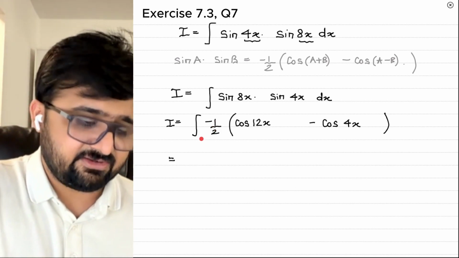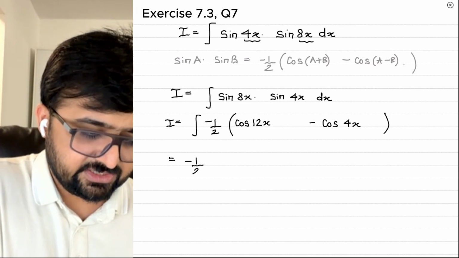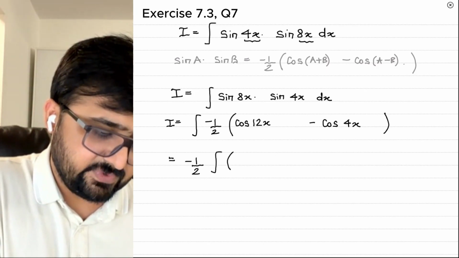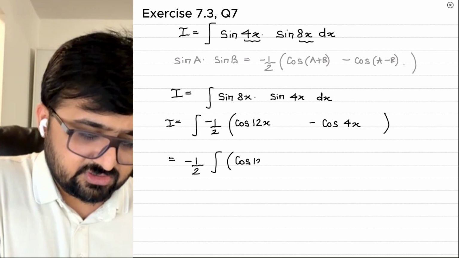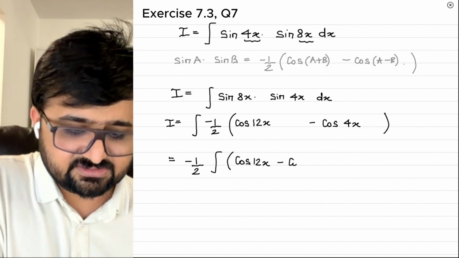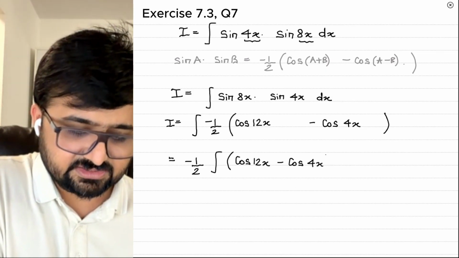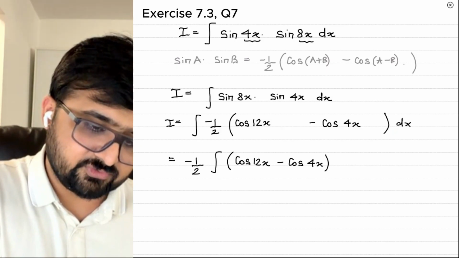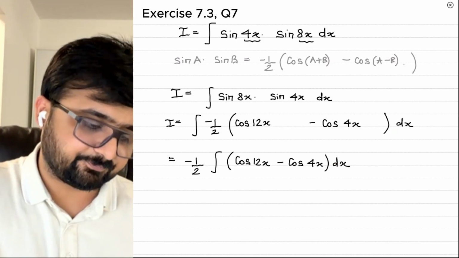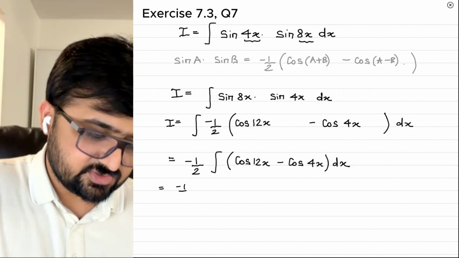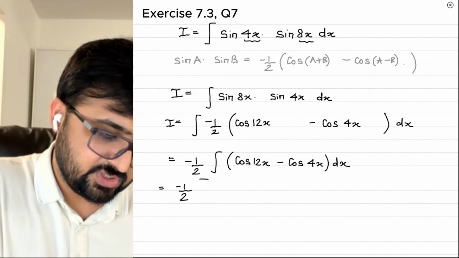Take that minus half, which is constant, out of the integration. So you are left with integration of cos 12x minus cos 4x, and don't forget dx, with respect to x. Minus 1 by 2, put a bracket.